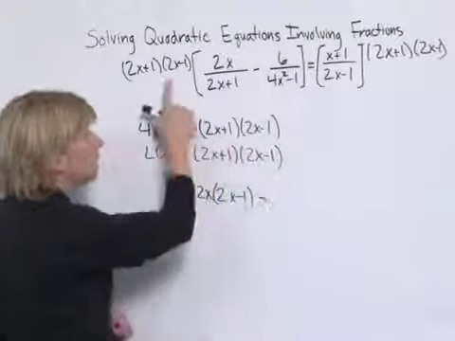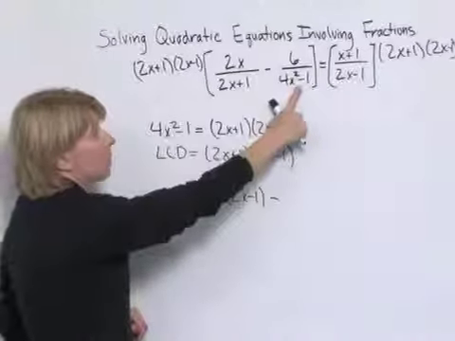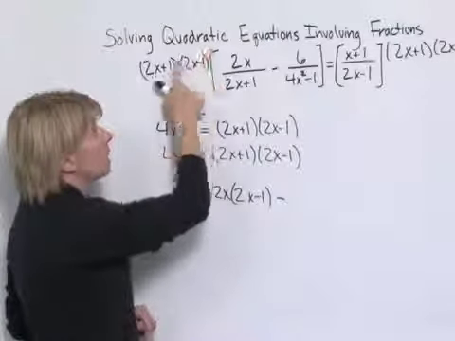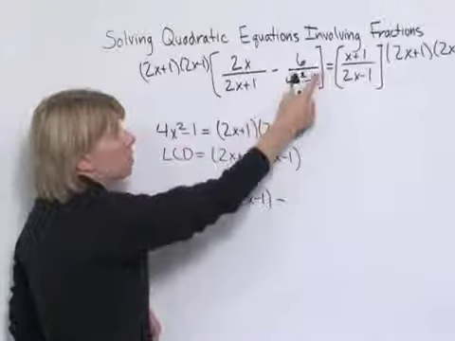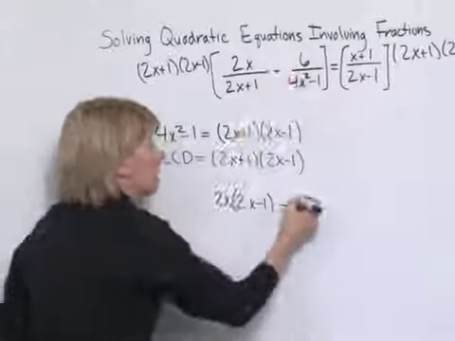Minus the LCD times the second fraction. Remember that this denominator factored into exactly our LCD, so this entire LCD will divide out with that denominator, leaving us with the 6.